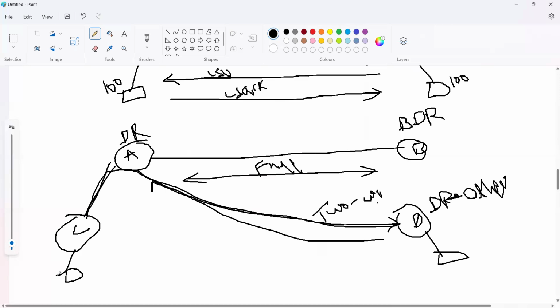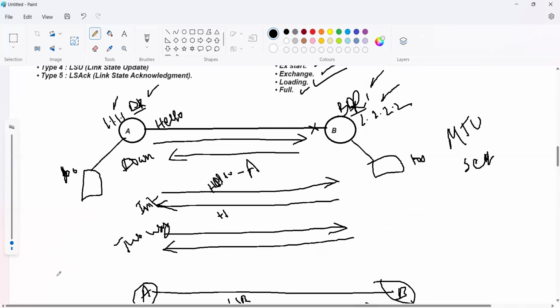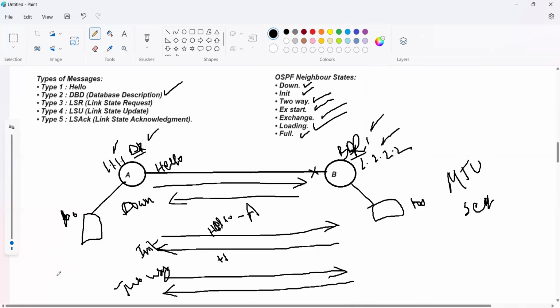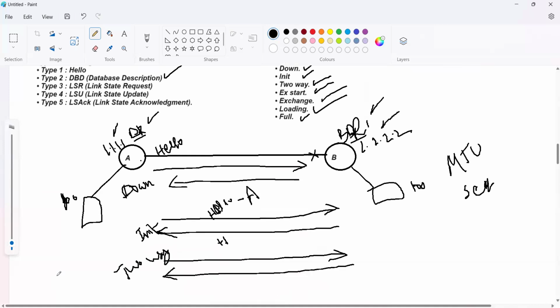So they are stuck in two-way state only. Non-DR routers will be stuck in two-way state, and up to full state only the DR router and BDR router move, because they only are responsible for sharing whichever routers the other routers want to communicate with.